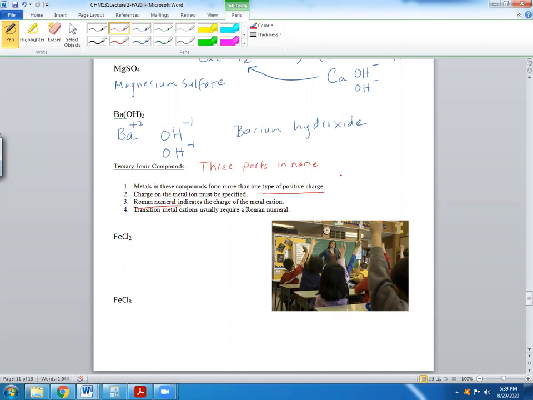So the name will look like this: you have a cation or a metal, then open parentheses, that's the charge of the metal in Roman numerals, like 1, 2, 3, 4. Generally, these are the ones. And of course, you end with the anion or the non-metal.